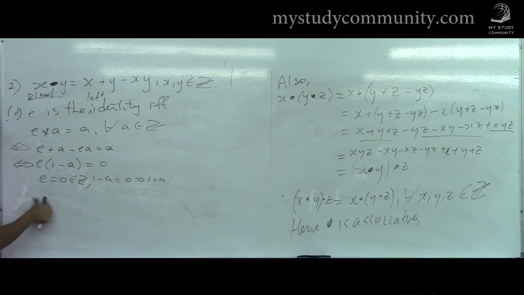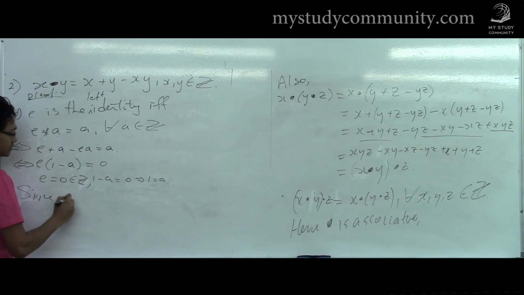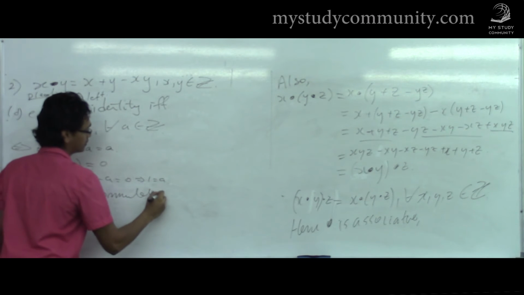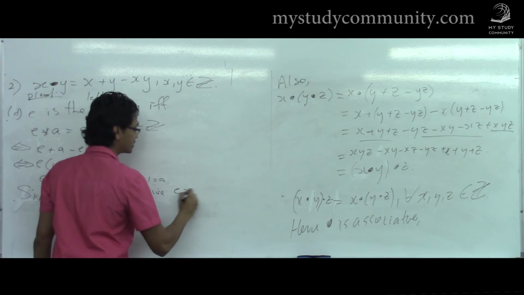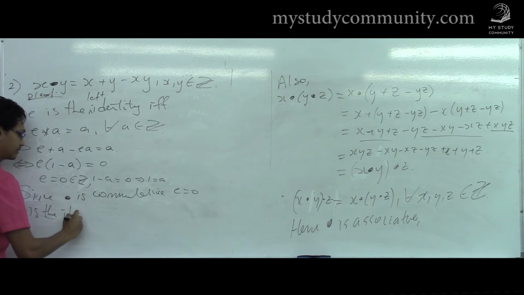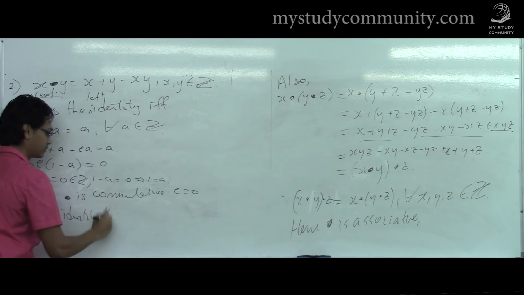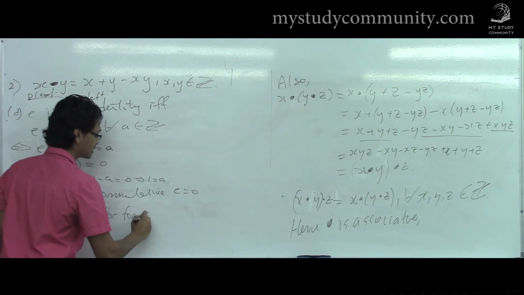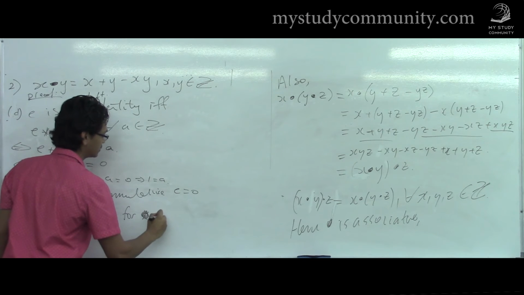Therefore, since circle is commutative, E equals 0 is the identity for circle in Z.